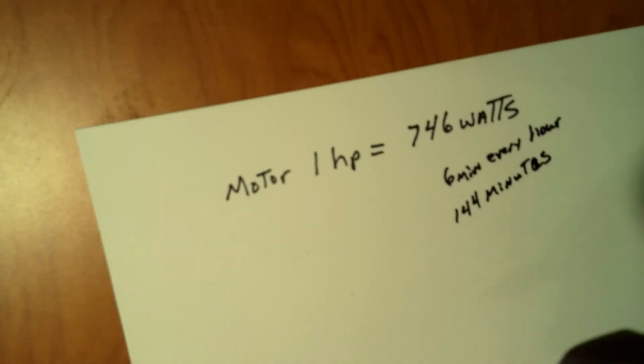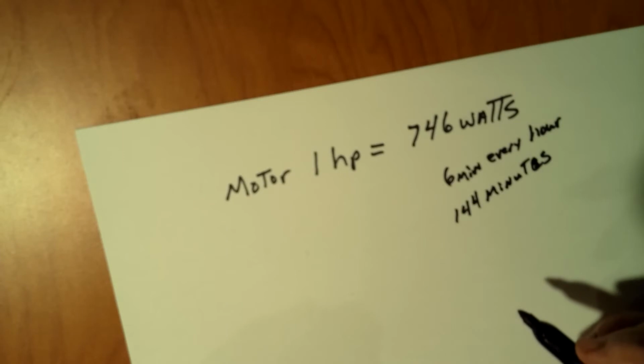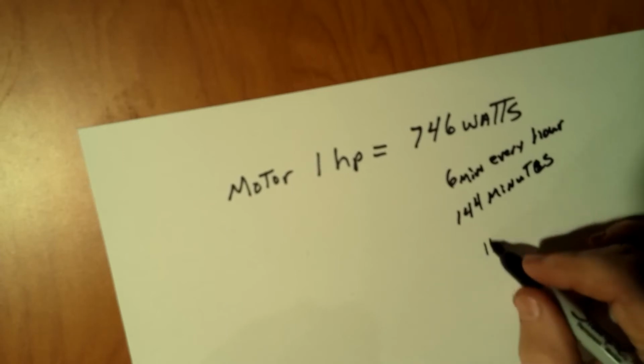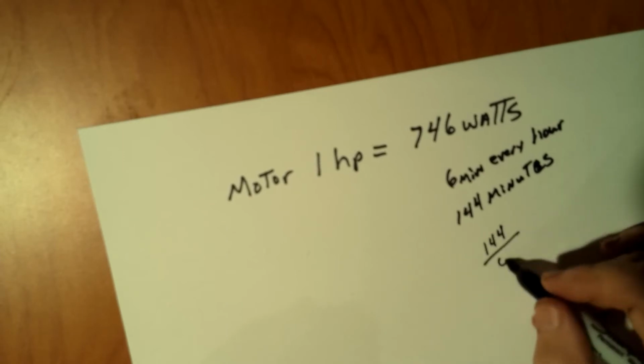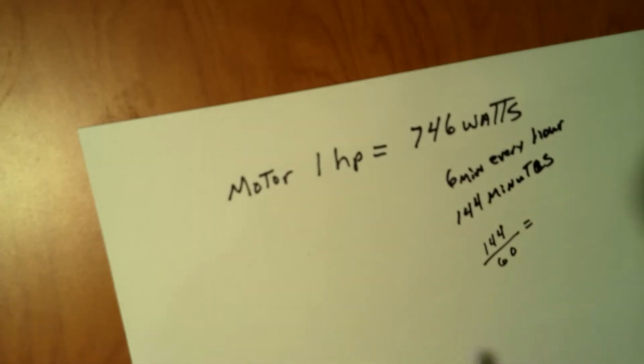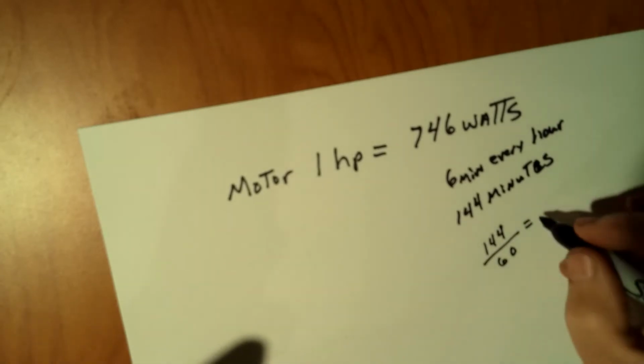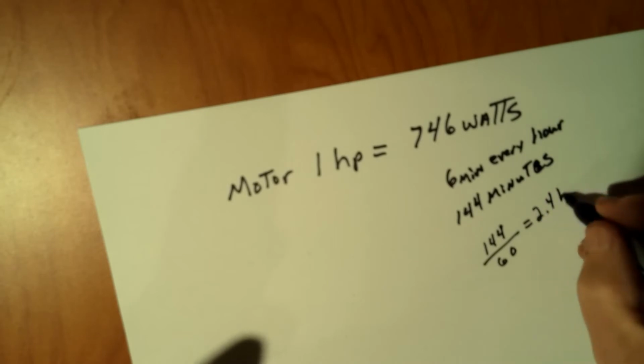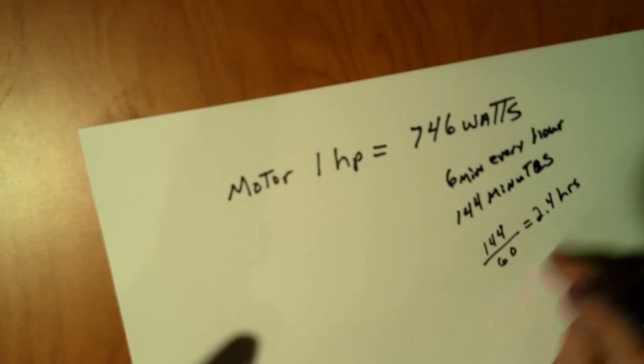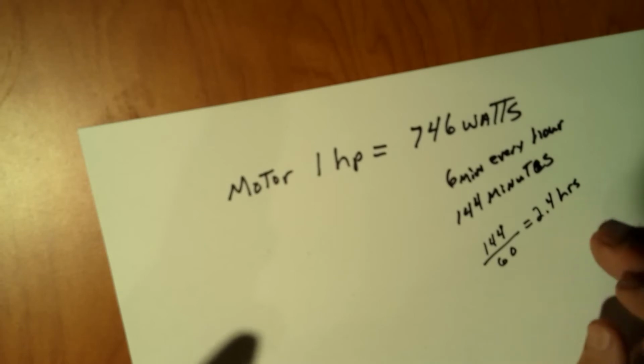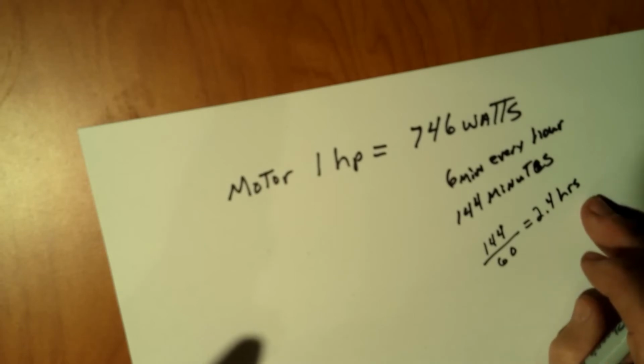How do you convert that to hours? Do you remember how many minutes are in an hour? So it's 144 divided by 60 equals 2.4 hours. So that saw for that day was in operation only 2.4 hours.